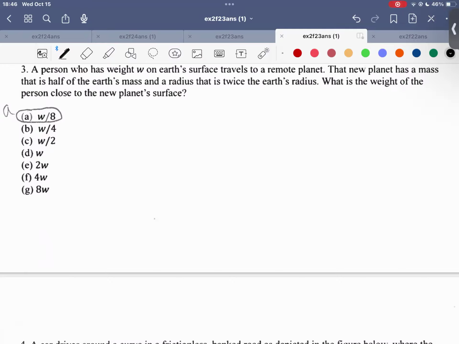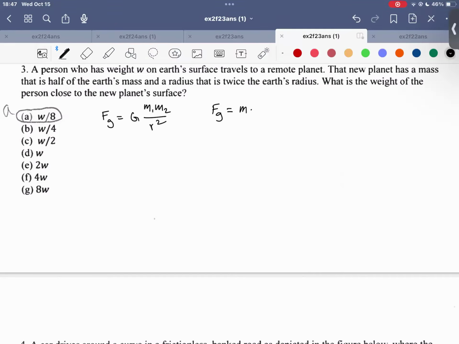Okay, so we know this. And so force of gravity is equal to weight, basically, right?